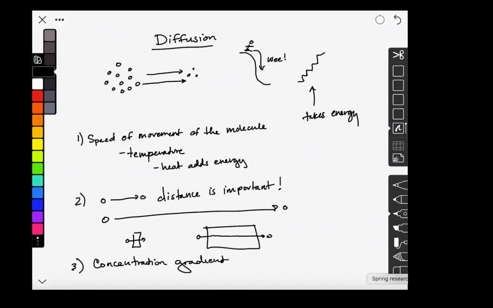The greater the concentration difference between the two sides, the faster those molecules are going to move. And that comes from two things. One of them is that the drive for the molecules is going to be larger. Basically, as this slide gets larger, the molecules are going to want to move faster.